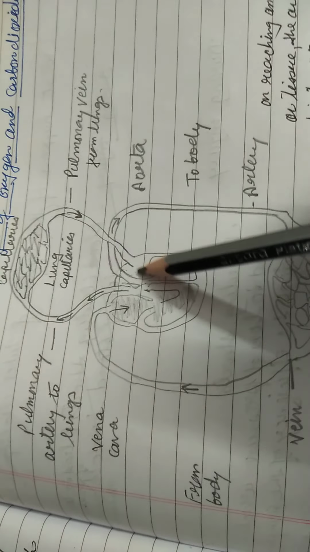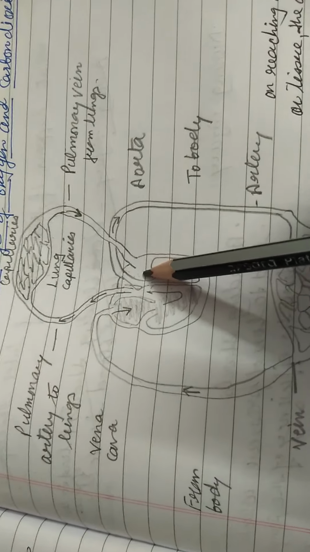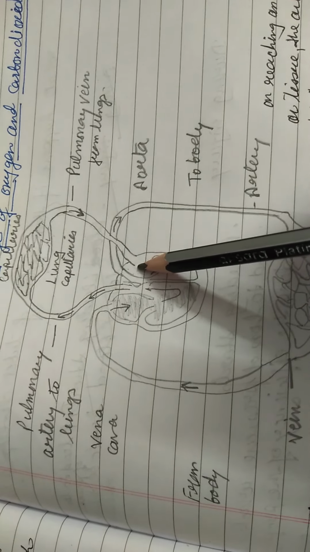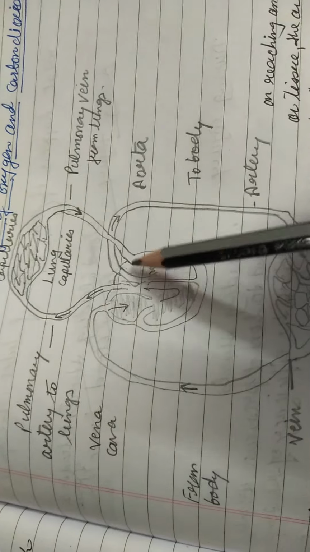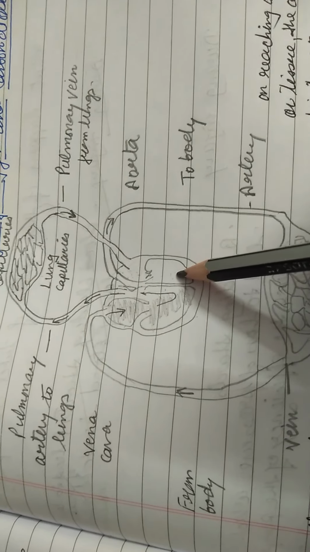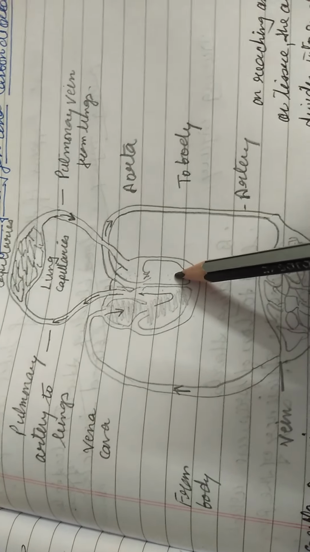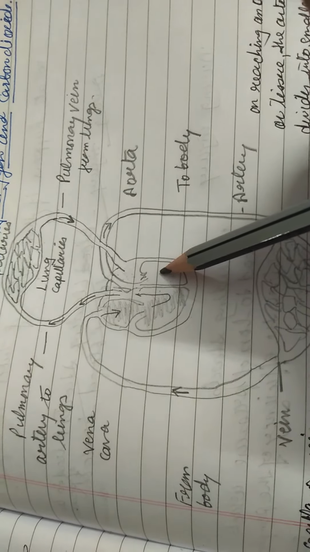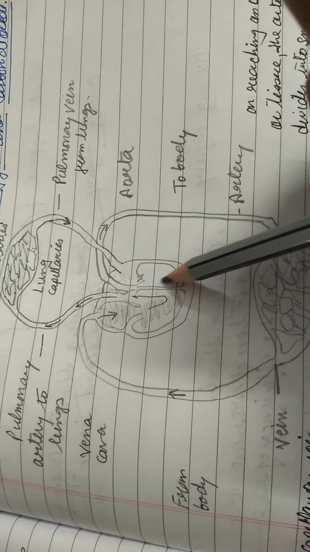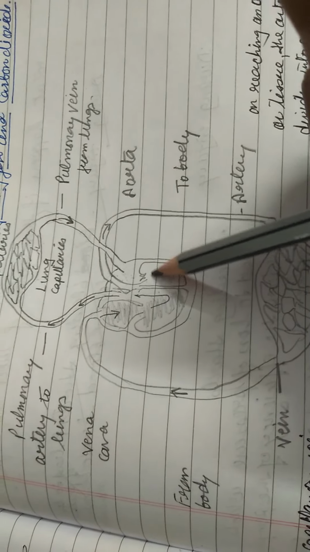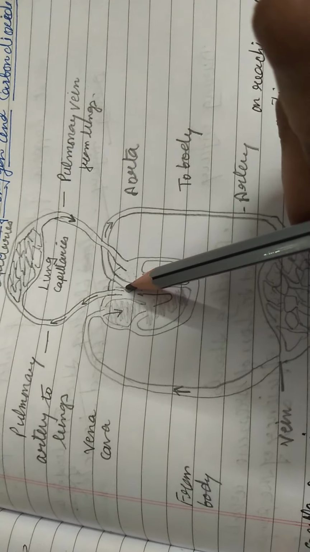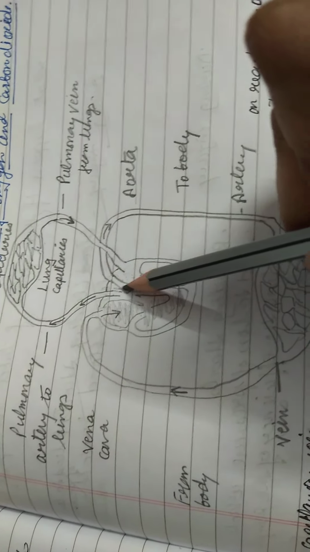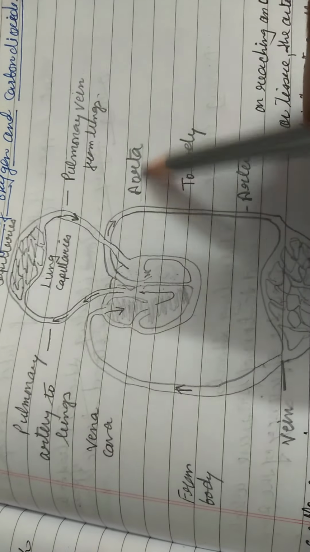Now this blood is oxygenated, and this oxygenated blood moves from the left auricle to the left ventricle. Clear? And this oxygenated blood moves from the left ventricle to the aorta. It is the main distributor, which is called the aorta.